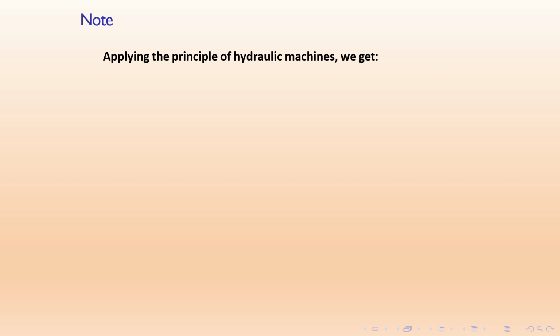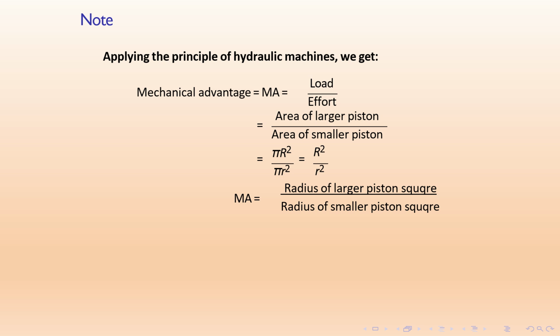Next, applying the principle of these hydraulic machines, we get a mechanical advantage. As you know, what is the advantage? Load by effort. What is the load? Area of the larger piston by area of the smaller piston. As we said, pi r square by pi r square, pi gets cancelled, R square by r square.